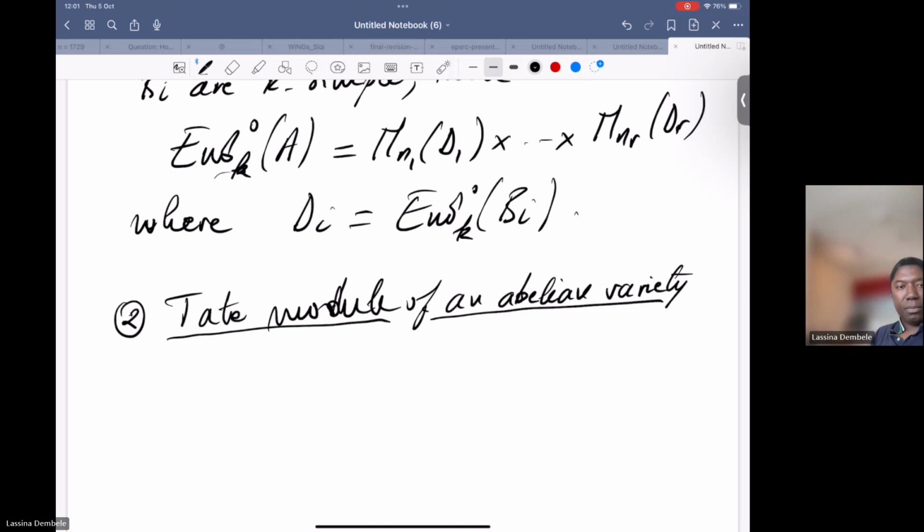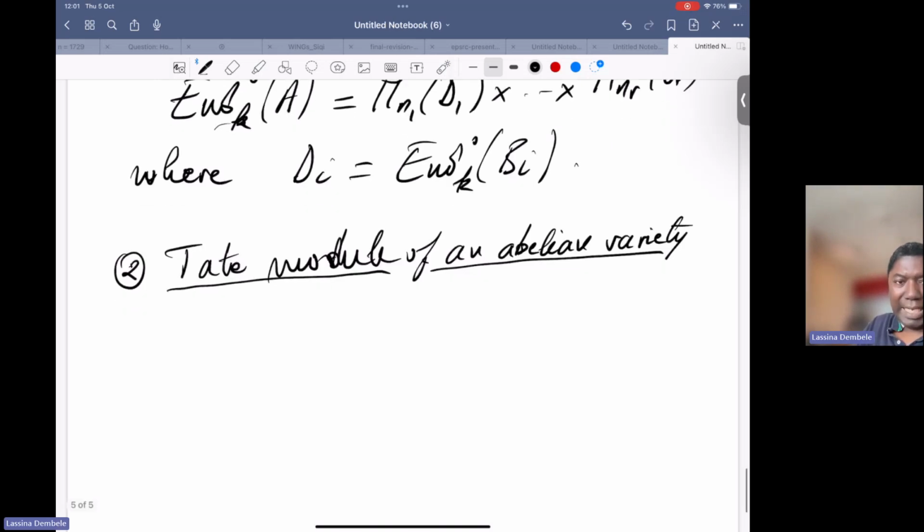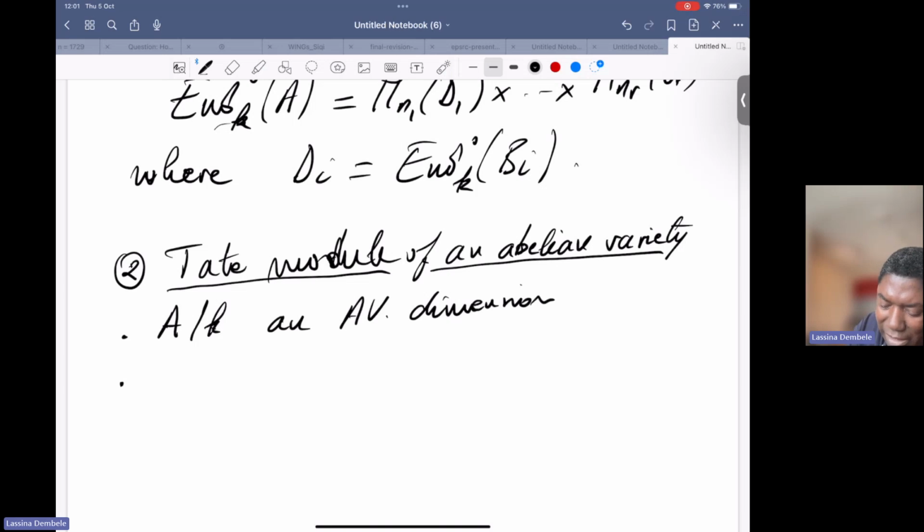Okay. So again, the setup is that we start with an abelian variety A over K, and throughout we're going to assume that the dimension of our abelian variety is g.